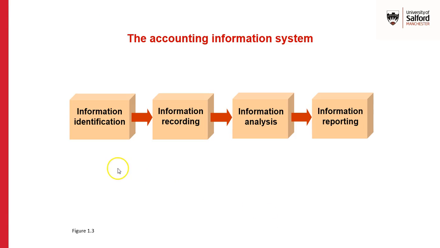The accounting information system follows this reasonably logical pathway. Information has to be identified. If we looked at the Rolls-Royce accounts, for example, it splits the sales up into its various divisions. Marine division, aircraft division are two of the divisions in the company.